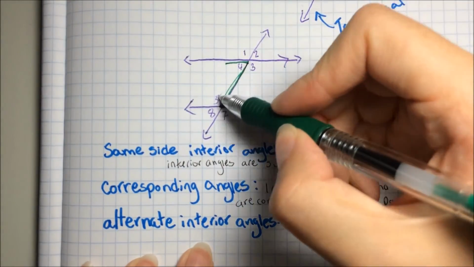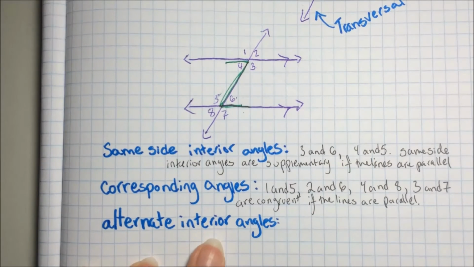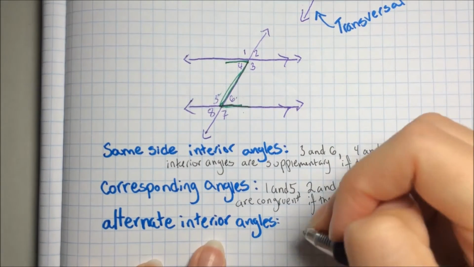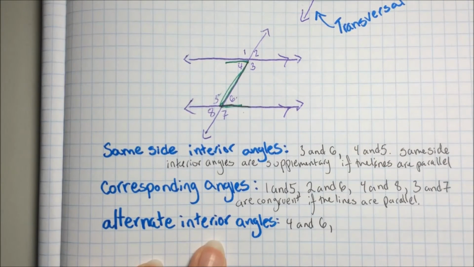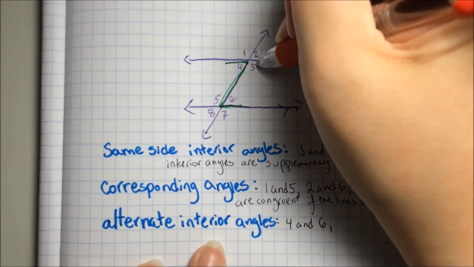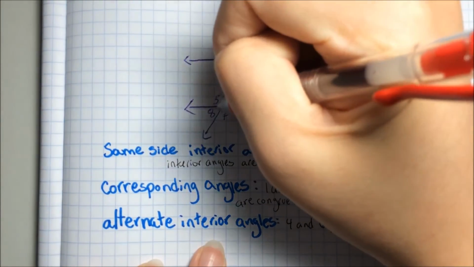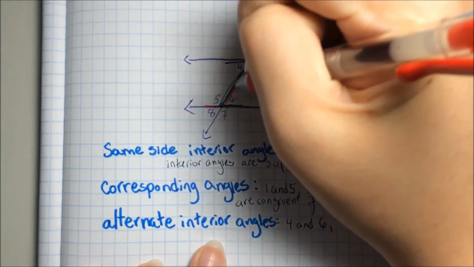So one set of alternate interior angles would be 4 and 6. And the other set, I'm going to use red so you can see the difference, would be 3 and 5. So there's that Z shape again.